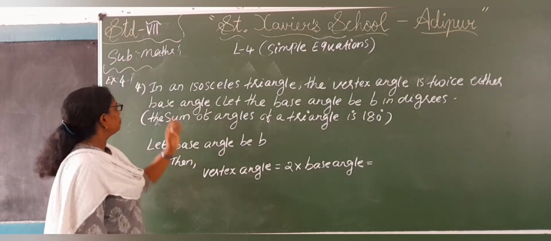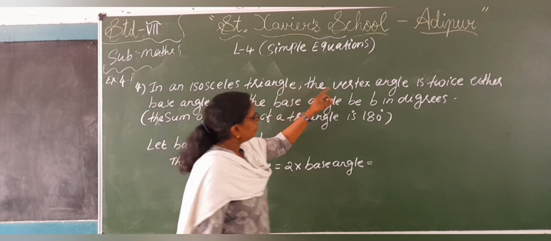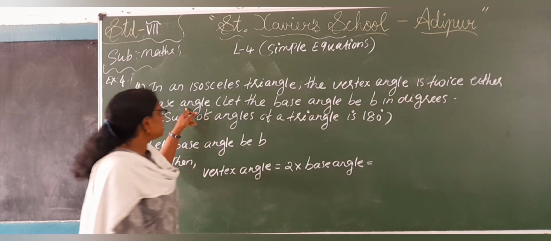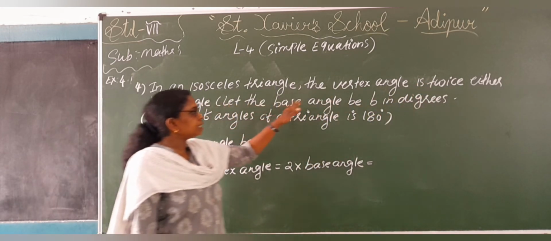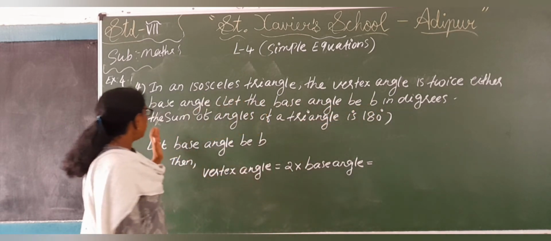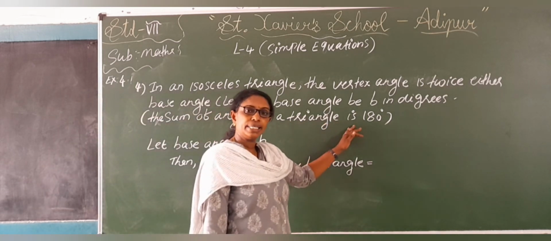Next question. In an isosceles triangle, the vertex angle is twice either base angle. We already know the sum of angles of a triangle is 180 degrees.